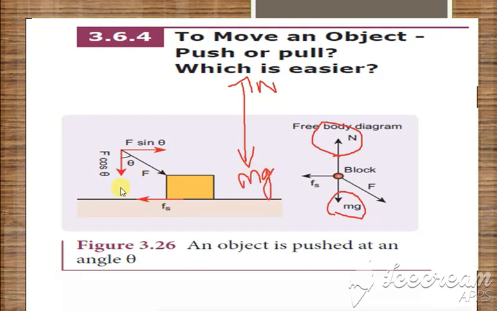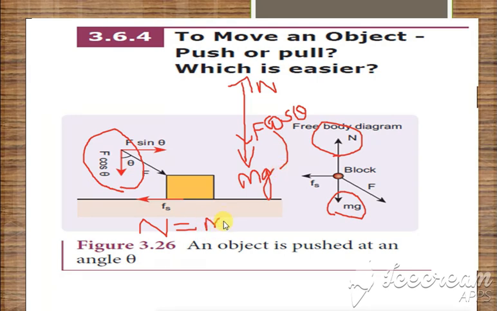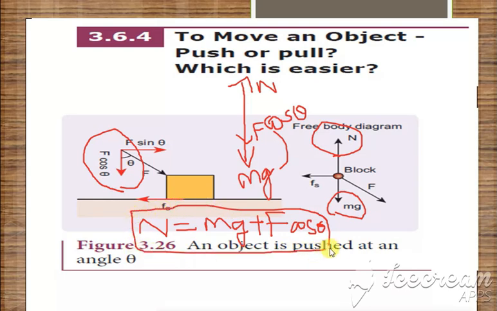And same way here f cos theta is also acting along the downward direction, so I am writing this as f cos theta. Now n is equal to, because upward is equal to the sum of both, so we write mg plus f cos theta. Okay, because these are all acting along the y direction. So n is equal to this.